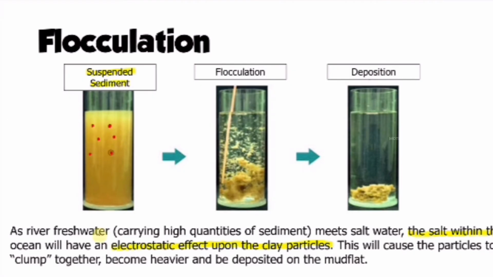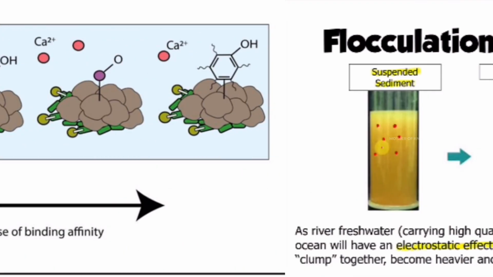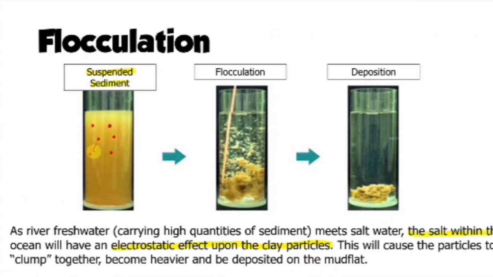The salt gives those particles an electrostatic charge. It basically means that they are attracted to each other. So all of those clay particles will be attracted together. They will clump together, and that's what we can see happening in this middle photo here. We can see that process of flocculation occurring.